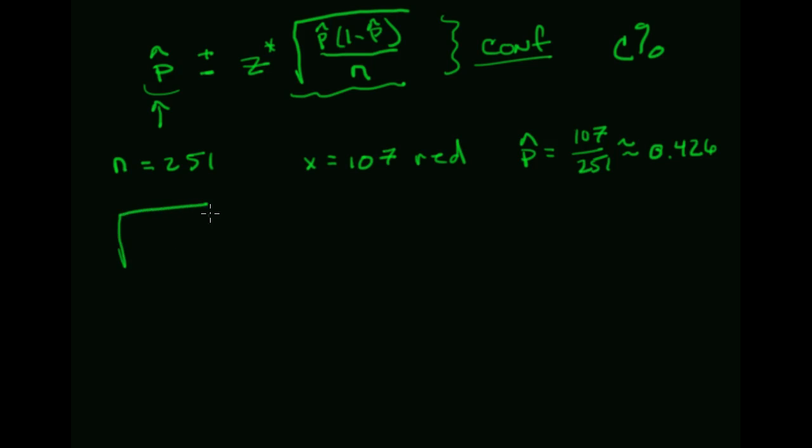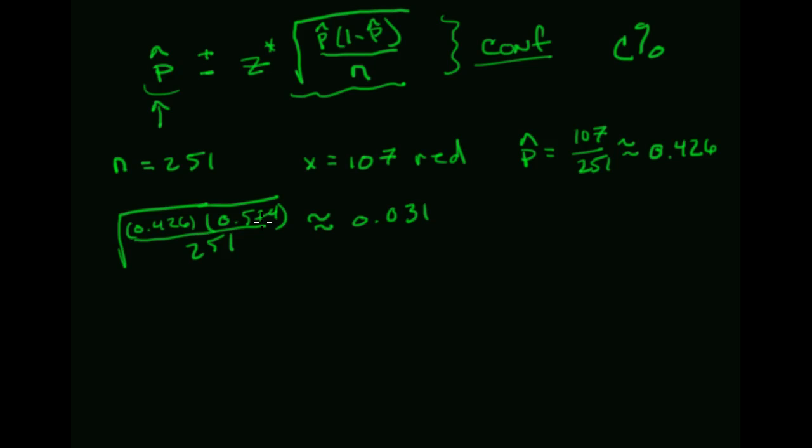This is going to be the square root of the sample proportion, 0.426, times 1 minus 0.426, which is 0.574, over the sample size, which is 251. If you throw this in a calculator, you're going to get something pretty close to 0.031. So I have two out of three of the numbers in my puzzle here.